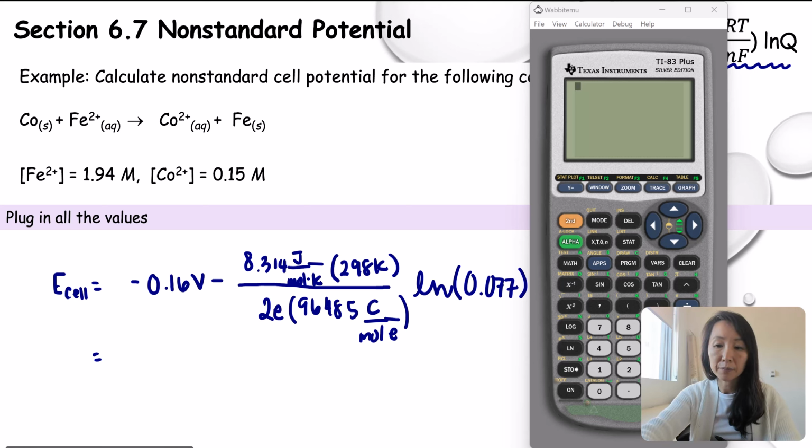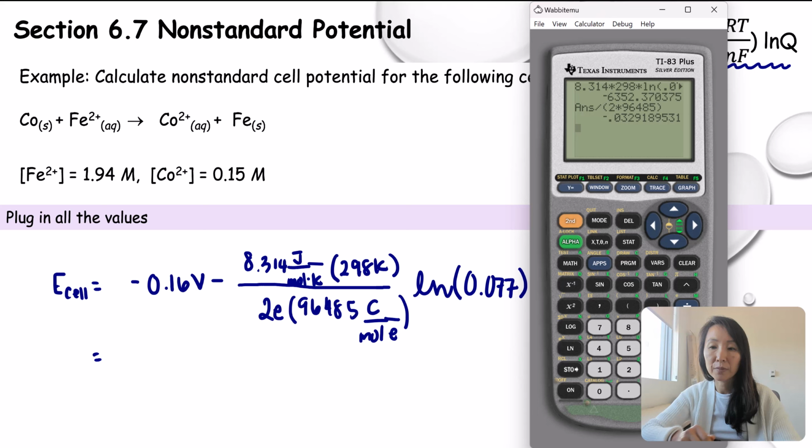That would be 8.314 times 298, times ln of 0.077, and then divide this by 2 times Faraday's constant, and that equals negative 0.03.